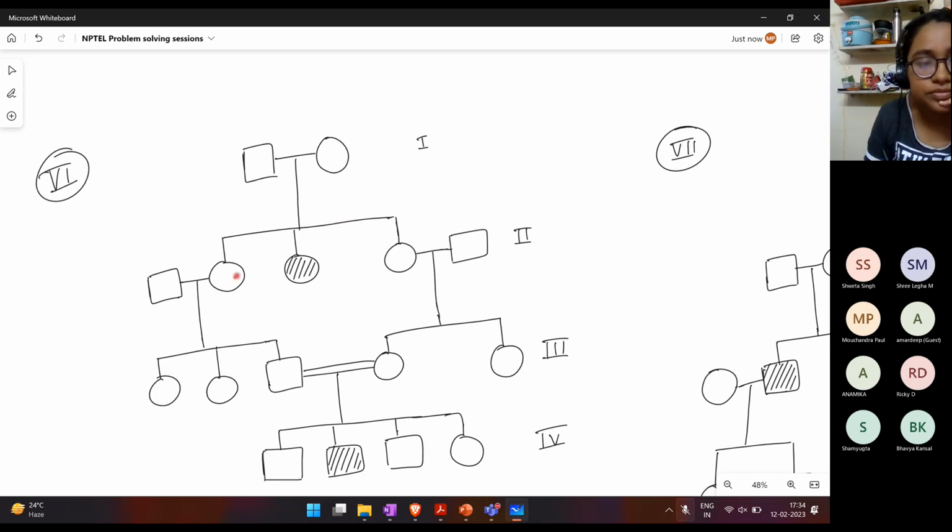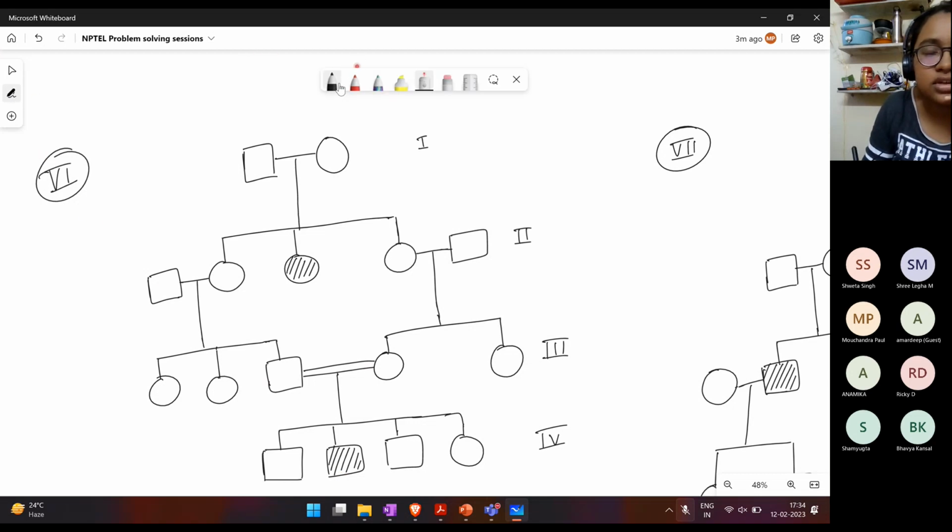Then these two children in the second generation are normal. Then in the third generation, we see that two relatives have married, right? Consanguineous mating is there, and as a result of this consanguineous mating, a child affected with the disorder is born.